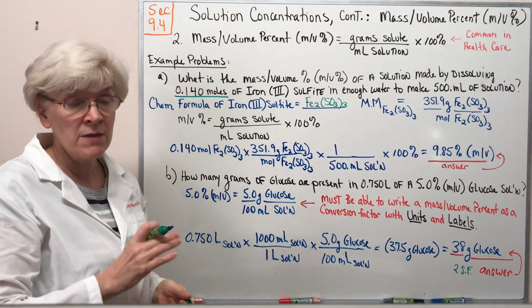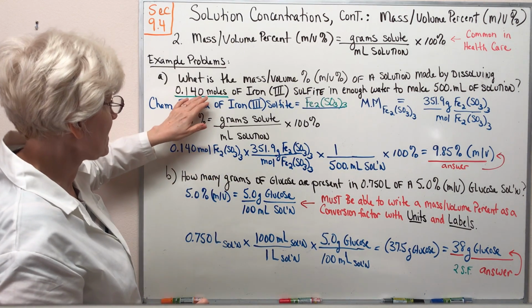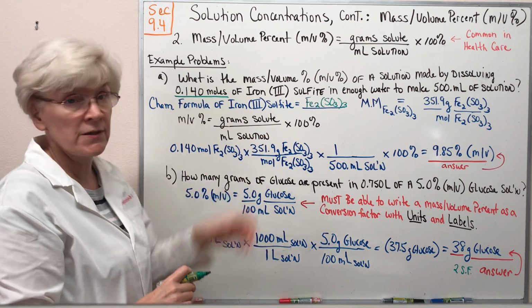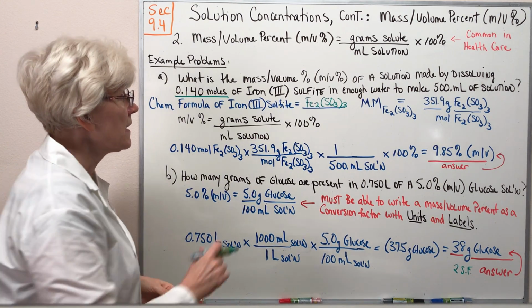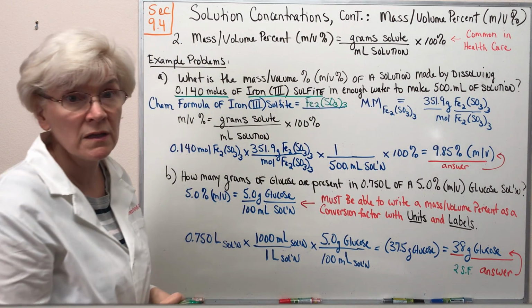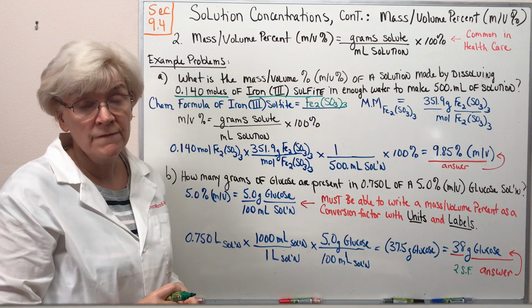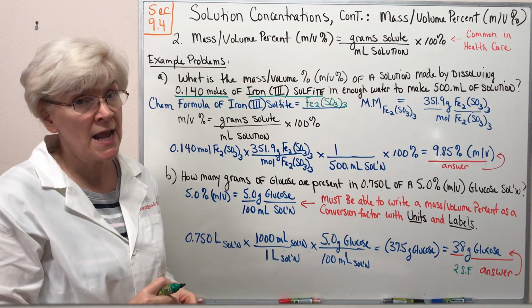So this has a mole conversion problem built into it, where you're going to have to take moles of iron 3 sulfite and convert that into grams. Notice that there is a nomenclature component as well. The formula of iron 3 sulfite was not provided, just its name.